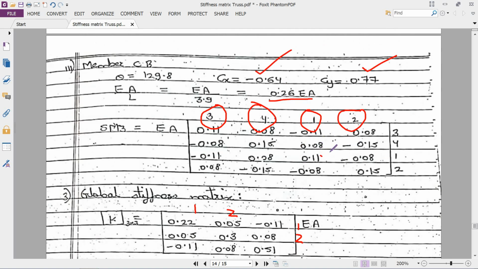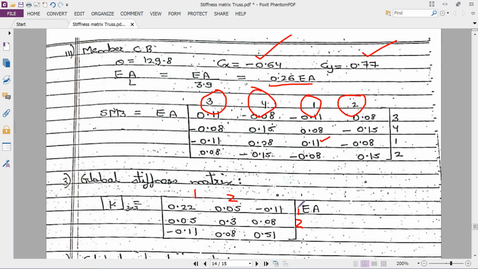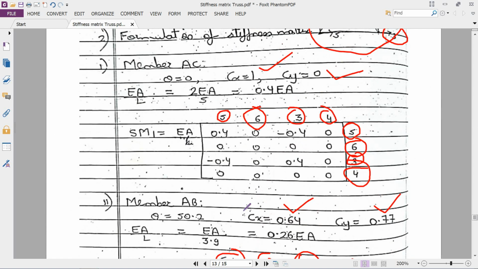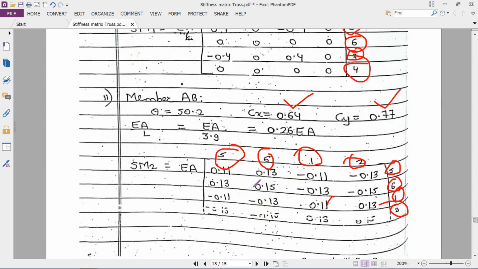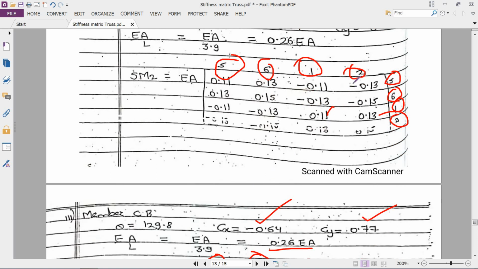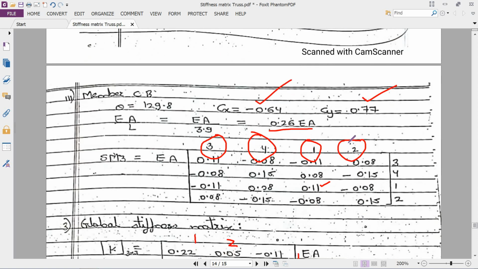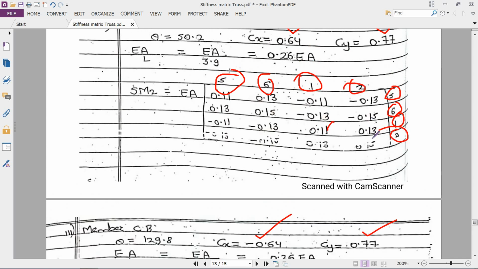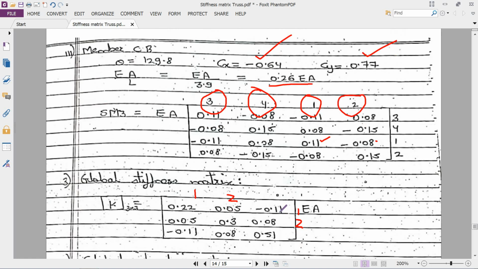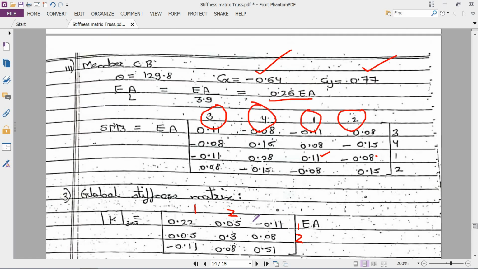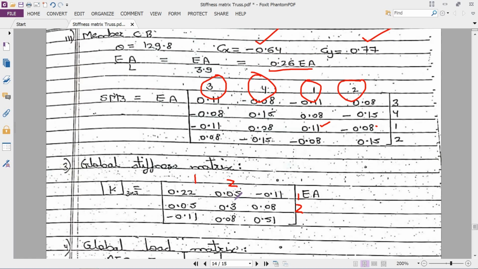So 0.11 plus 0.11, the answer will be 0.22. Then we have to see 2 1, where we get 0.05. Let us see where this 0.05 comes from. For 2 1, this one is 0.13, and here also minus 0.08. So 0.13 minus 0.08, the answer is equal to 0.05.